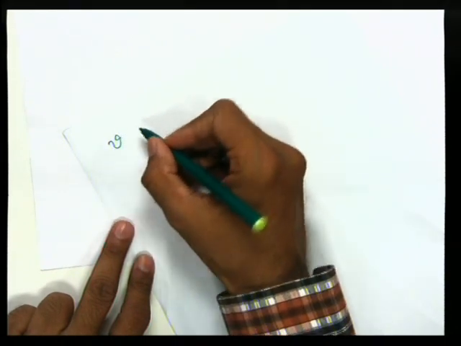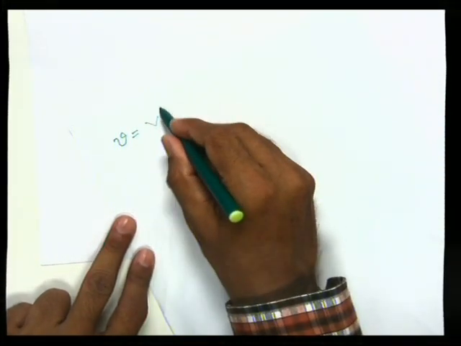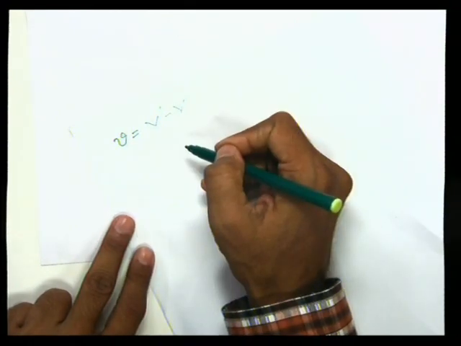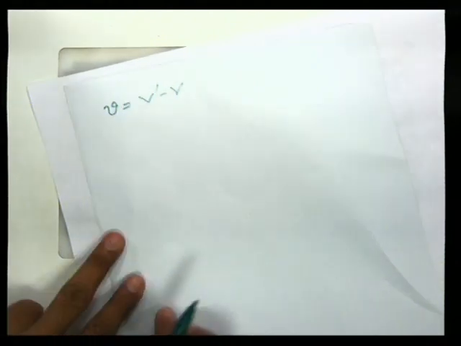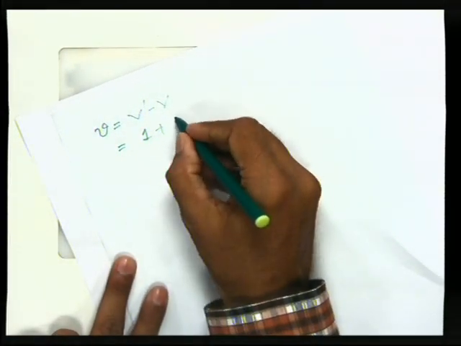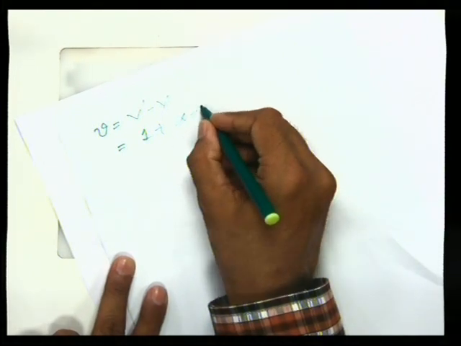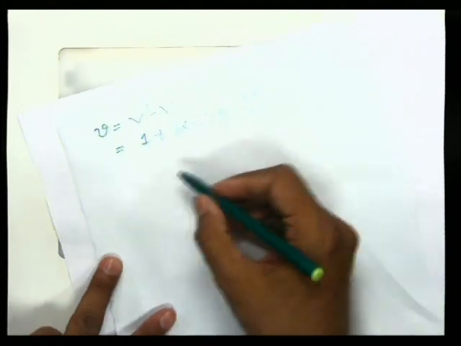Okay, therefore see here, ultimately we want the change in volume, so that is equal to V dash minus V, final volume minus initial volume. Now final volume equals 1 plus alpha minus 2 beta into 3P.